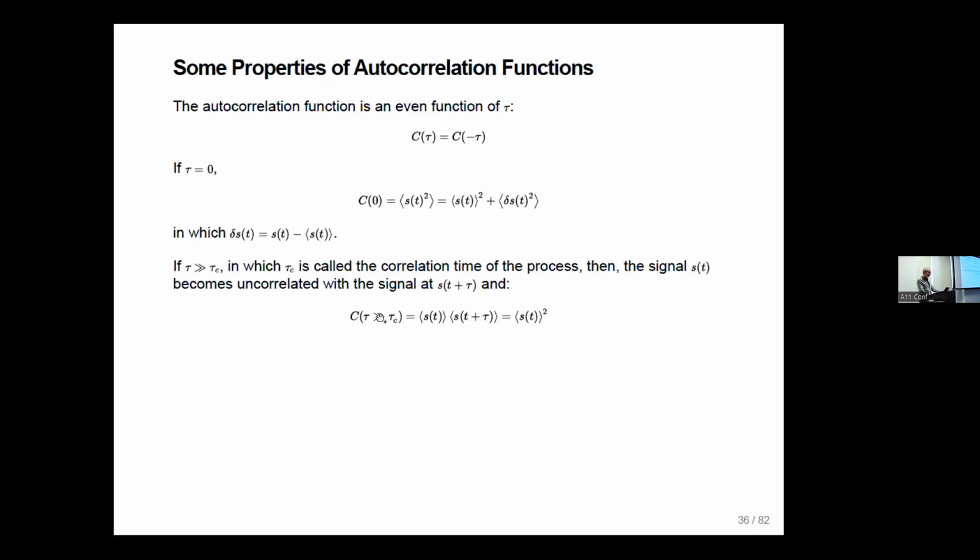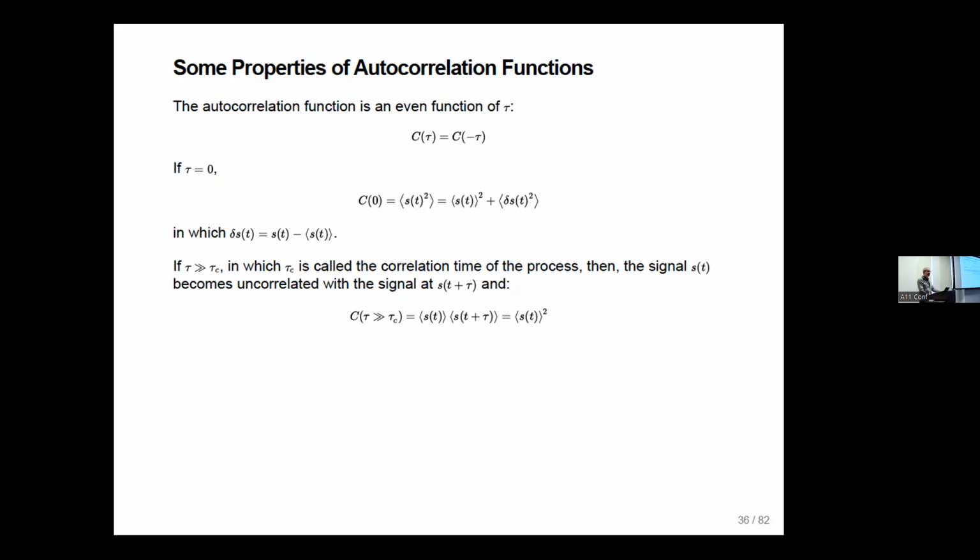So the correlation function when tau, our lag, is much, much longer than the correlation time, just becomes the average of the signal at time t, the average of the signal at t plus tau, but those averages are identical for a stationary process, so we just have the average squared at long times. So at short times, when the lag is 0, we have the variance, and at long times, we have the square of the mean.